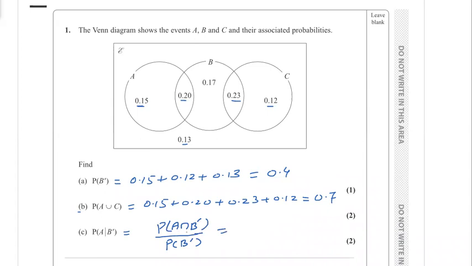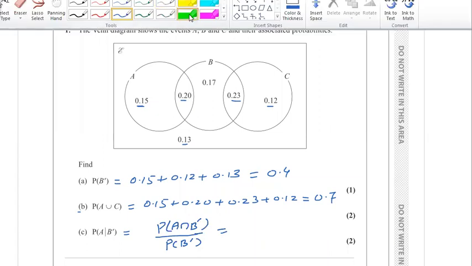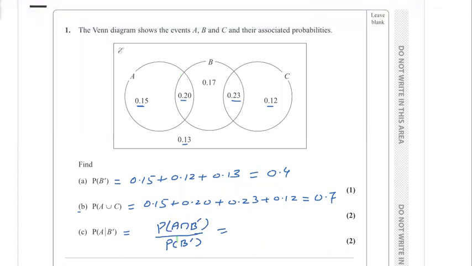So first, let's identify the region A intersection B complement. A means inside the A. If I take inside the A, and B complement means outside the B. So that region will be, let's suppose we shade A intersection B complement. It will be like this.